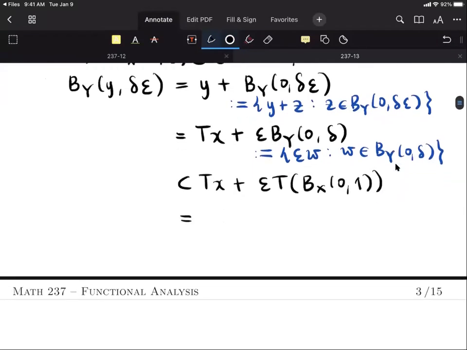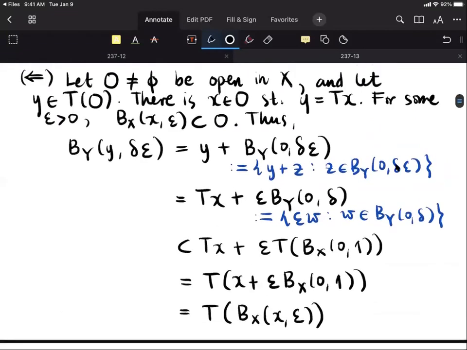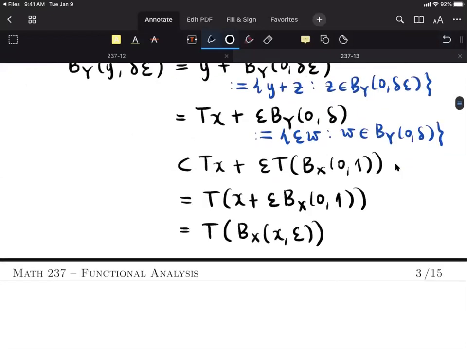And you can show that this is T of x plus epsilon B_X, and this is the same as the open ball centered at x with radius epsilon. Since you have this, therefore this is a subset of T of O.